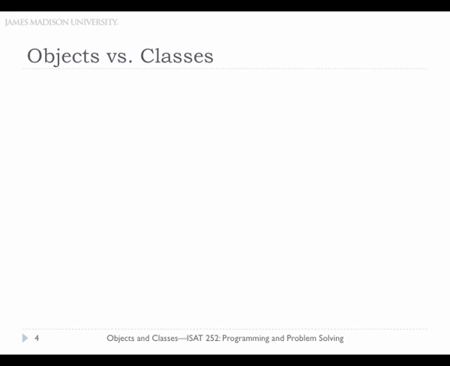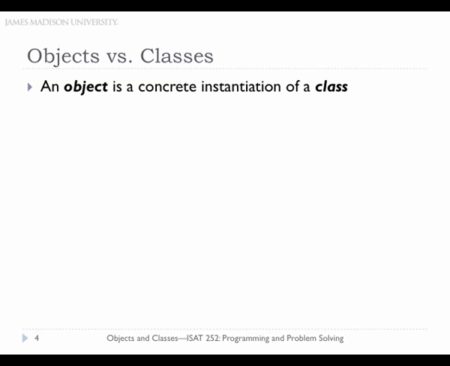Okay, so let's begin to talk about object-oriented programming. The core element of object-oriented programming is the object. We talk about objects and we talk about classes, and the terms sometimes get used interchangeably, jumbled up, but they actually have a fairly specific distinction, which is an object is a concrete instantiation of a class.